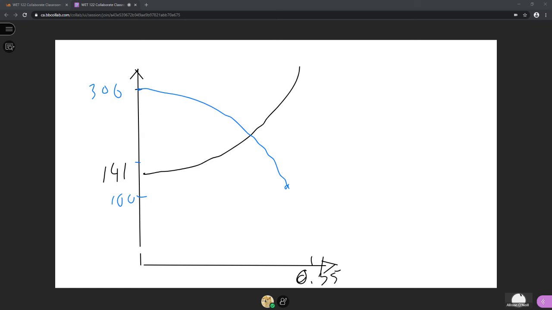And you're going to graph all the points on the curve that are given to you in the chart. And then you're also going to graph your efficiency curve, which has the peak efficiency at 0.15.